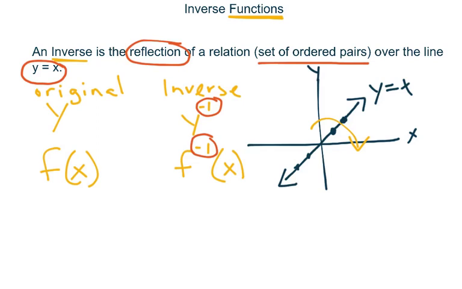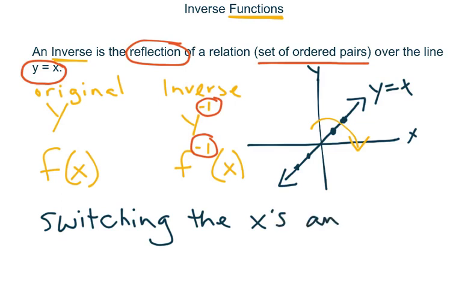Since we are reflecting over the line y equals x, a great thing to be aware of is that really all we're doing when we find the inverse of a relation is switching the x's and y's. Now let's think about that.